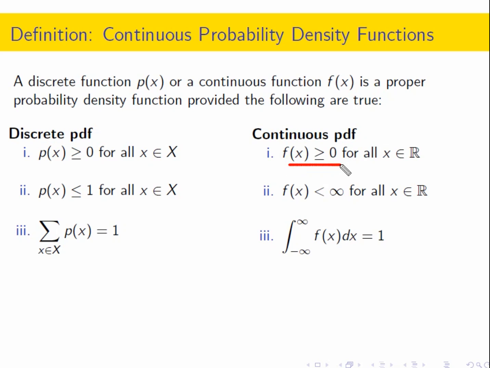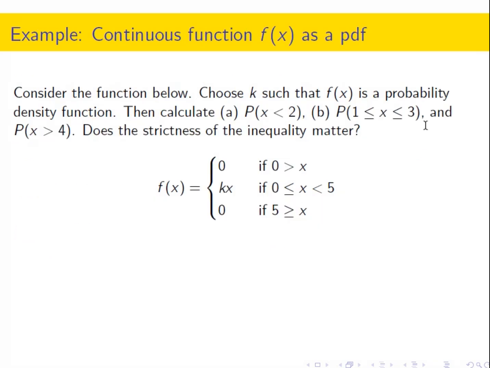We're putting in positive numbers, and if x is positive, 2x will be positive. Divide it by positive 25, it still stays positive. It's certainly bounded. It's just that line with slope 2/25 that goes through the origin. And then we calculated this area, and we chose k equals 2 over 25 to make sure that this is true. So now we have a proper probability density function.